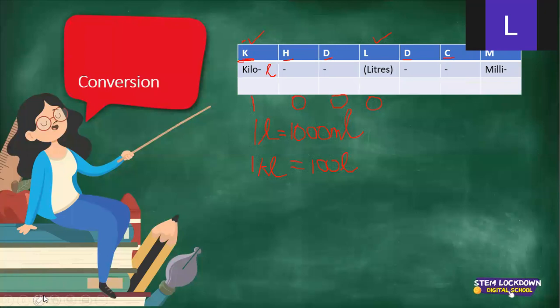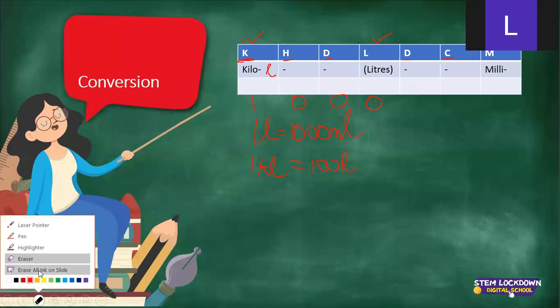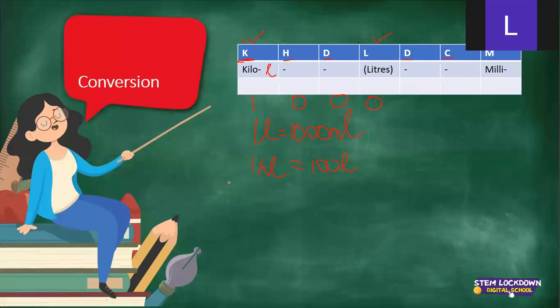Okay, now let's say I'm converting between kiloliters and milliliters. What I'll do is write a 1 from kilo, and then add zeros until I reach M for milli. So 1, 2, 3, 4, 5, 6.